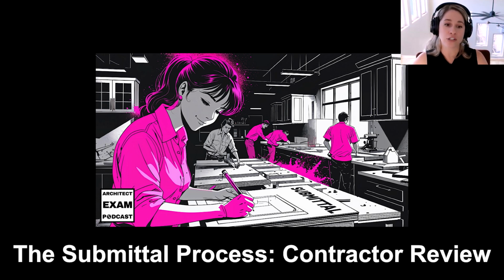So the general contractor should check that the submittal given to them from their subcontractors is complete and actually meets the project requirements. They need to look for coordination across the trades as well, to make sure there's no conflict between different trades. Think of this as the first filter to catch obvious errors before the architect sees them.